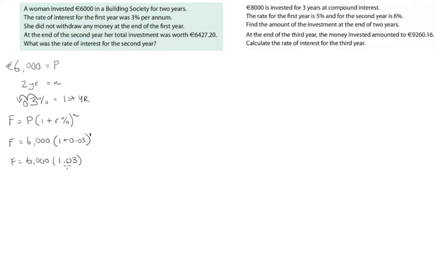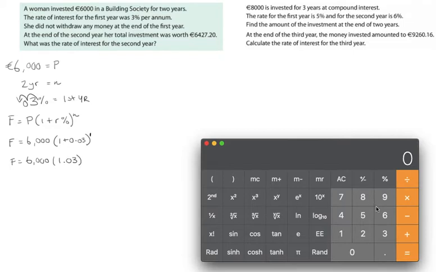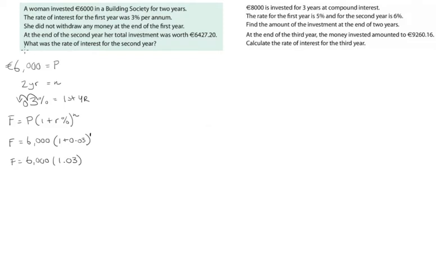When we add those two together, we get this. Now we're going to use the calculator for this. So 6,000 multiplied by 1.03 equals 6180.